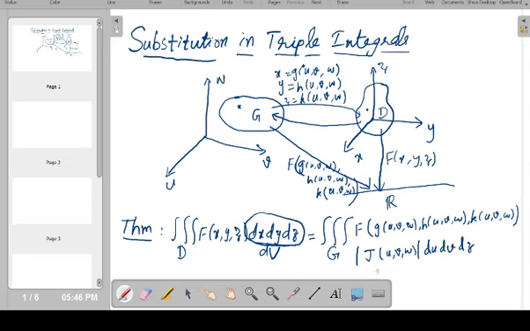What is J? It is called the Jacobian of the transformation.